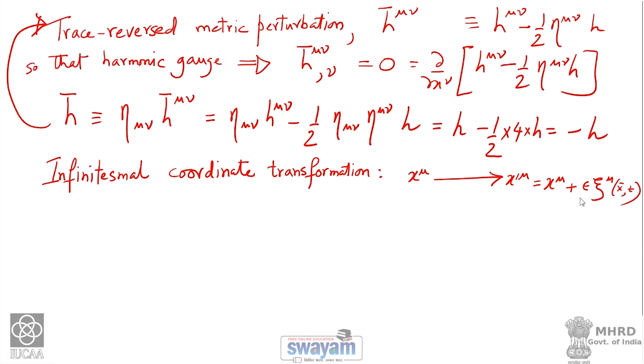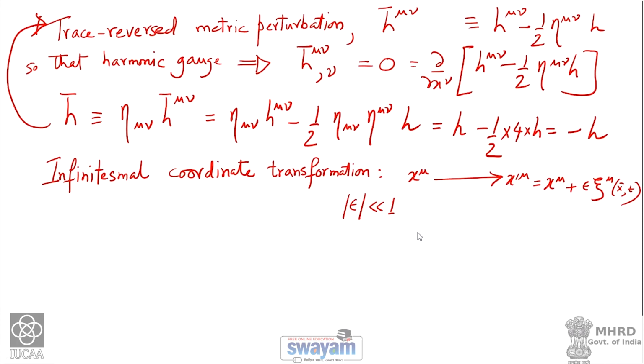The parameter epsilon is a small parameter, and xi mu of x comma t is a vector field. Therefore, under such an infinitesimal coordinate transformation, why is it infinitesimal? Because the parameter epsilon is very, very tiny.